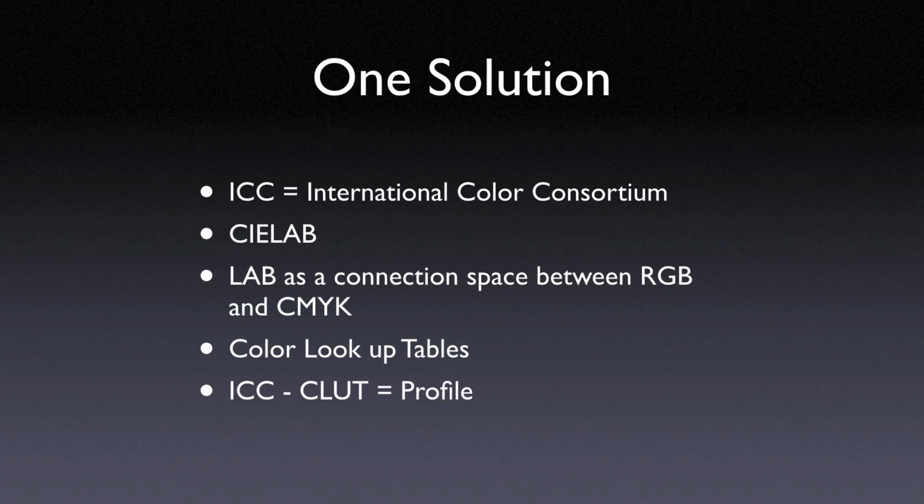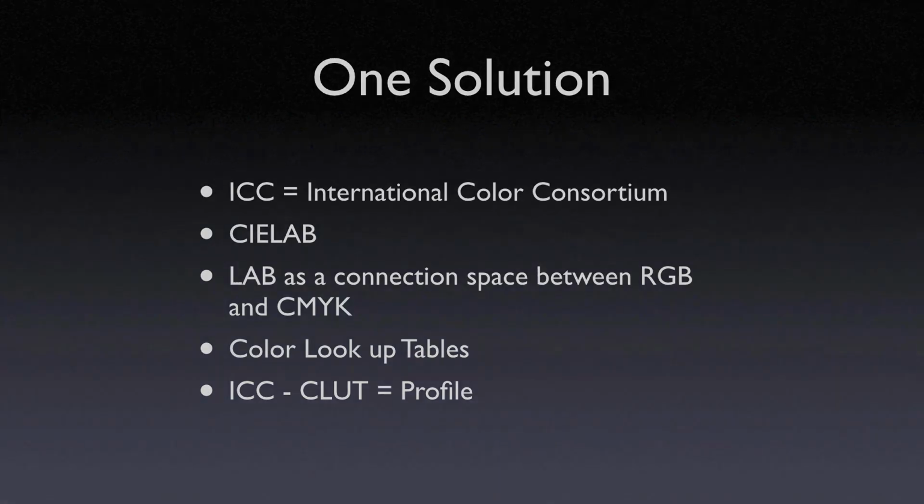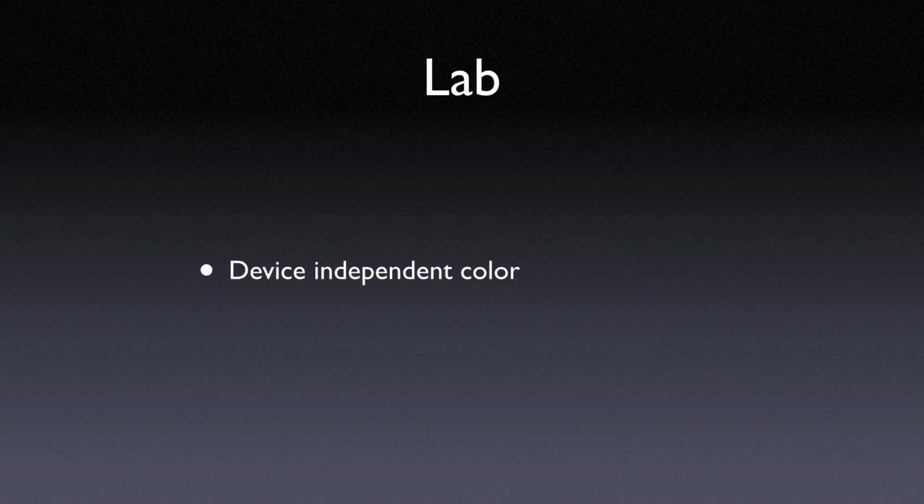The ICC, or in Windows, we must say ICM, profile is basically a color lookup table that looks up the LAB value of a given set of numbers, be they RGB or CMYK. Again, LAB or lab is a three-channel device-independent color space where the L channel represents lightness, darks and lights in the image, and the two A and B channels represent the color alone.